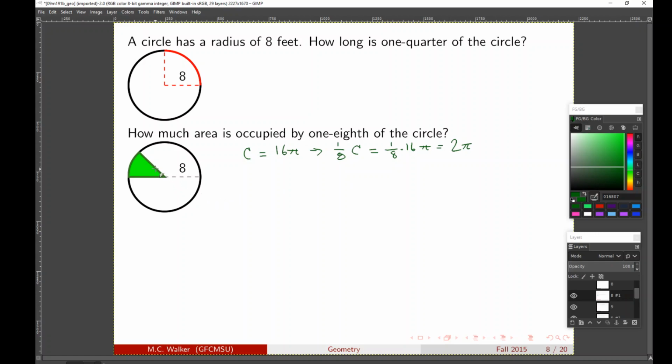And in this case, it looks to be about 45 degrees, right? And 45 degrees divided by 360 degrees is, sure enough, 1/8. And again, this is what part of a circle do we want?